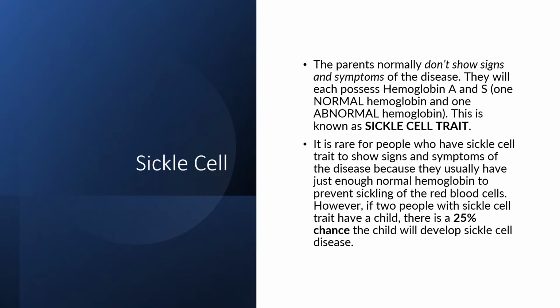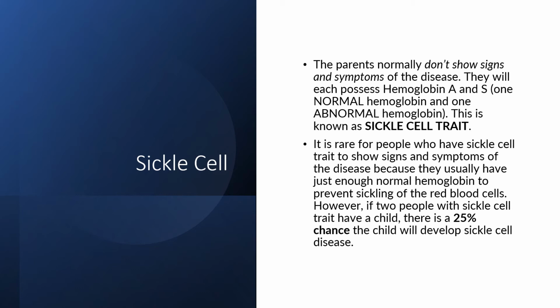The patients normally don't show signs and symptoms of the disease. They will each possess hemoglobin A and S, 1 normal hemoglobin and 1 abnormal. This is known as sickle cell trait. So some of you may be sickle cell trait. You may have one of the abnormal genes, which is S, and then you may have 1 normal. And they don't normally show signs and symptoms.